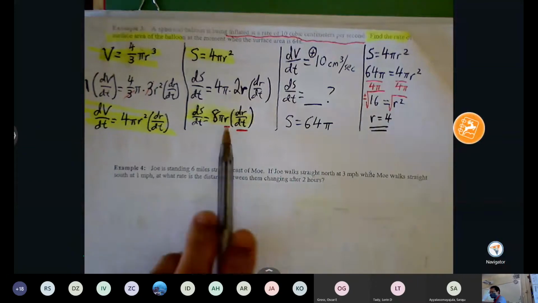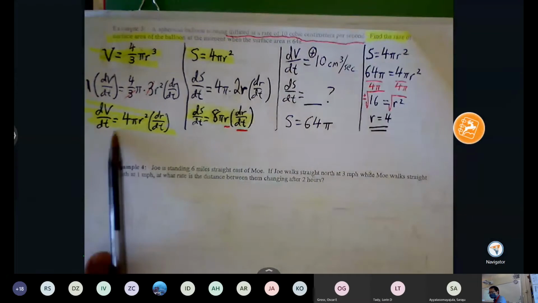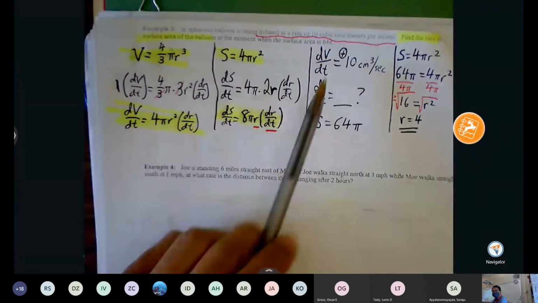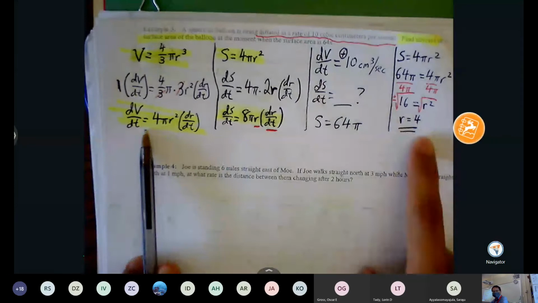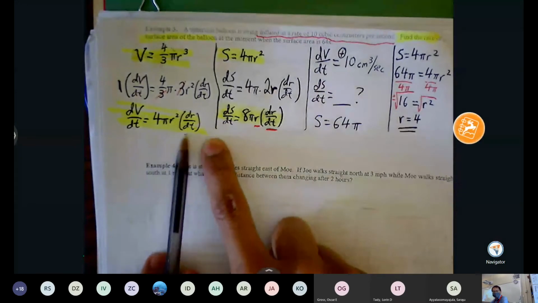Right. Now let's look at that dV/dt. We're going to use this equation now. I'll plug 10 in for dV/dt, I'll plug 4 in for R, and then that can help me work towards dR/dt.